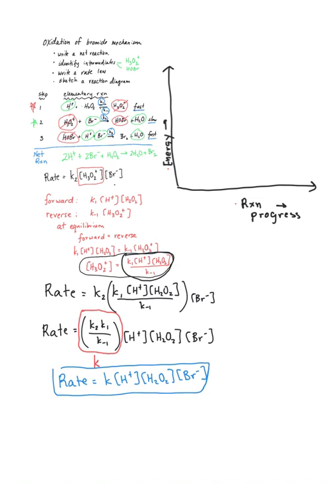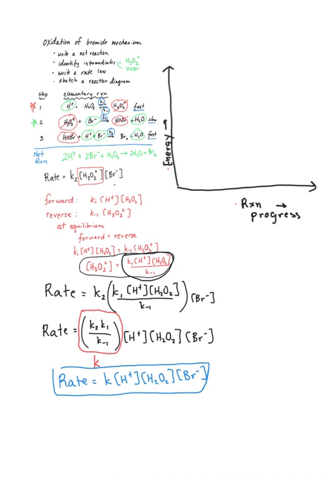In step number 1, we have to overcome some energy barrier in order to produce H3O2+. That's a fast process, though, so there must not be too high an energy barrier. In step 2, which is a slow process, however, the energy barrier must be comparatively quite high in order to produce our products, HOBr and H2O.